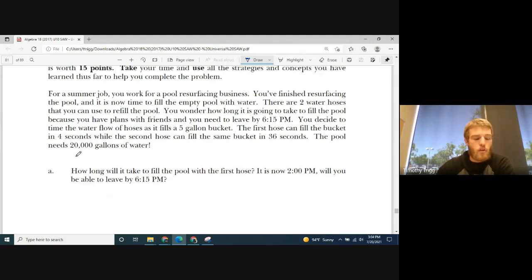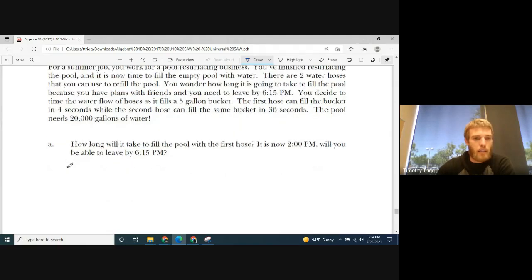Well, the first hose can fill the 5-gallon bucket in 4 seconds. So the first hose can do 5 gallons in 4 seconds. Now I want to know, how long will it take to fill the pool? Well, the pool is not 5 gallons. The pool is 20,000 gallons.